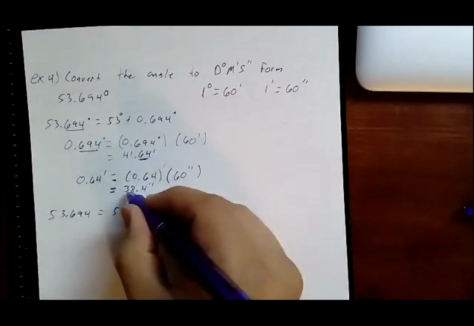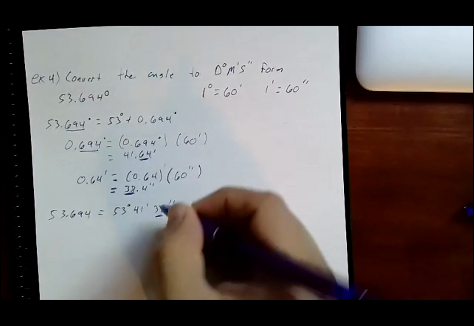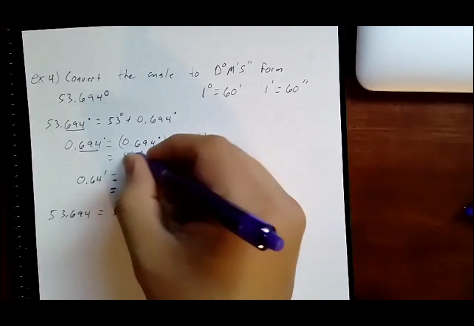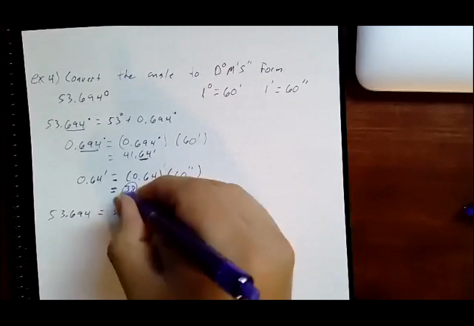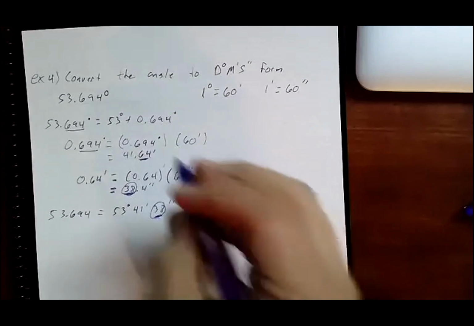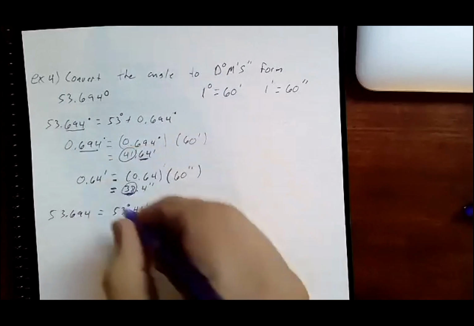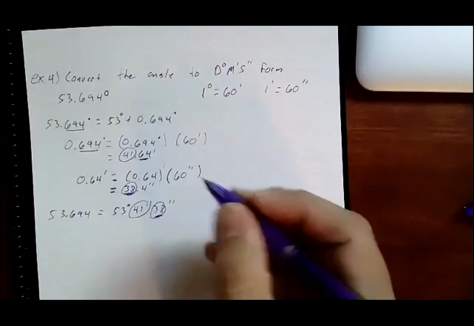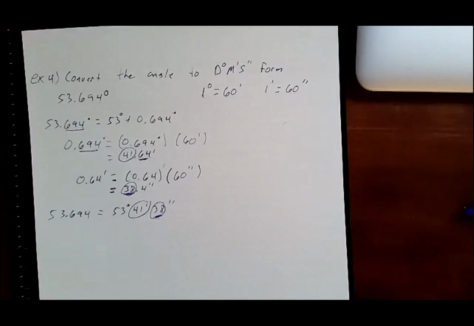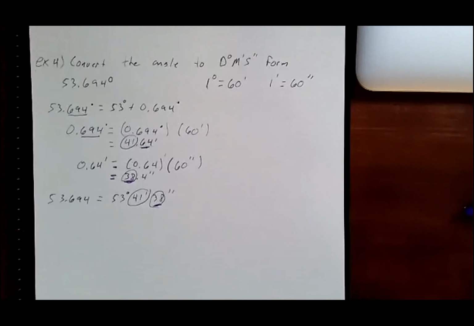So we use this piece here. We circle those instead. And that's it. We are now in degrees, minutes, seconds.